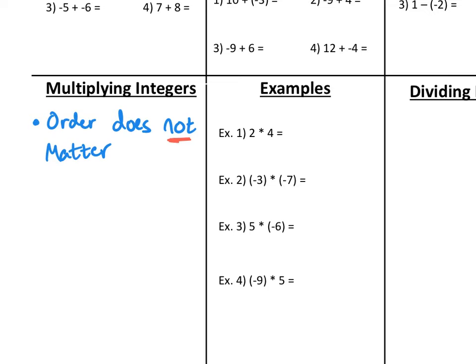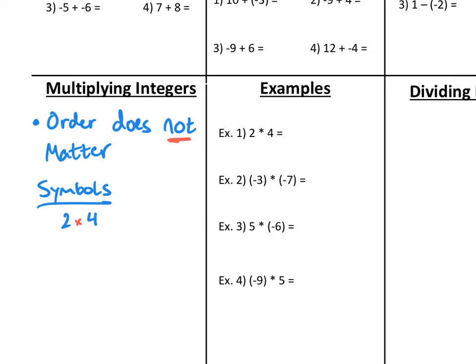Okay, now the other thing that is big to remember is there are different symbols. There are a lot of different ways and symbols to show multiplication. So I'm going to give you some examples here. The first one is an X. You could have 2 times 4.